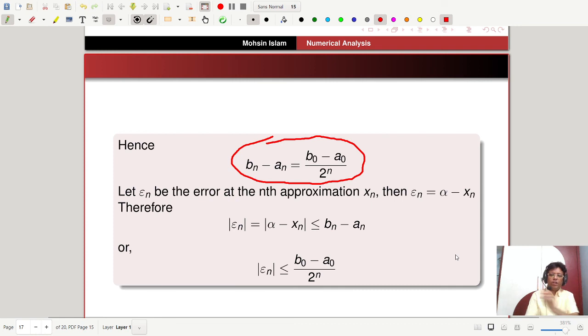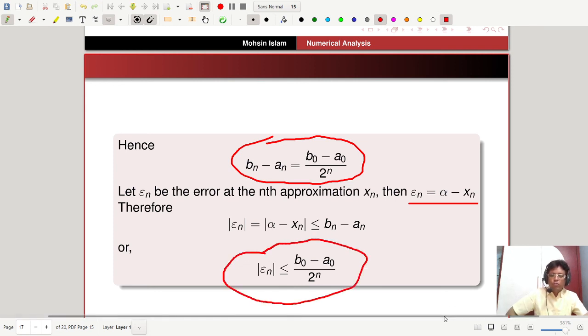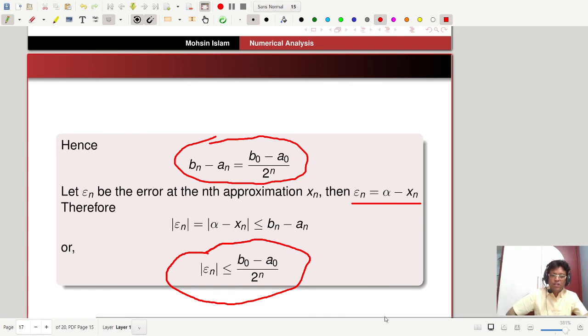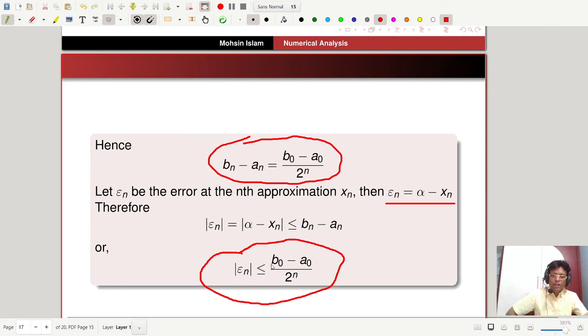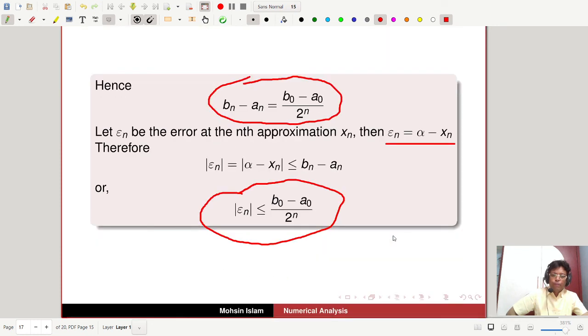Clear, everyone? So let epsilon be the error at the nth approximation xn. Then epsilon n is equal to alpha minus xn. Therefore, the modulus of epsilon n, which is modulus of alpha minus xn, is less than or equal to bn minus an. This gives you the estimation of the error: (b naught minus a naught) by 2 to the power n.